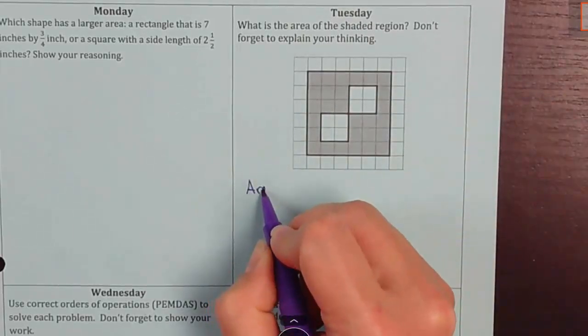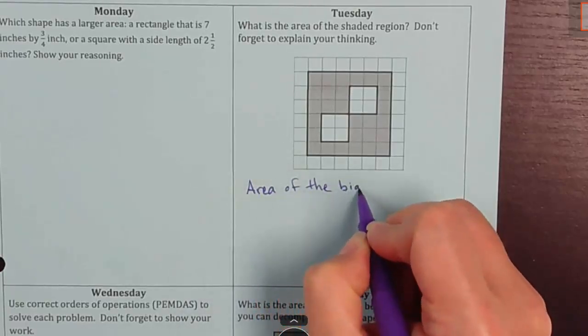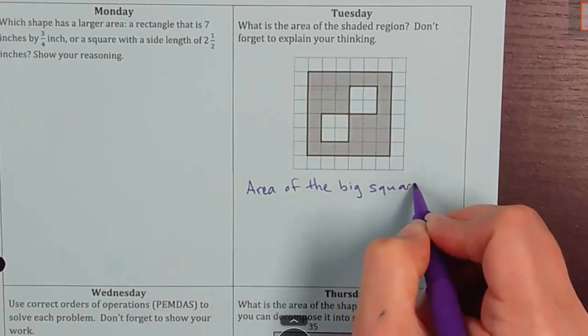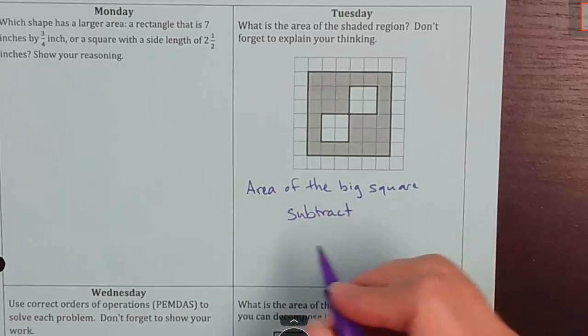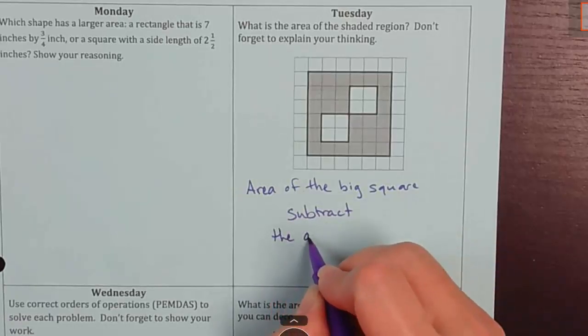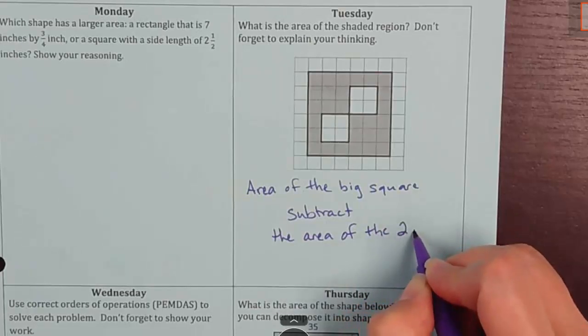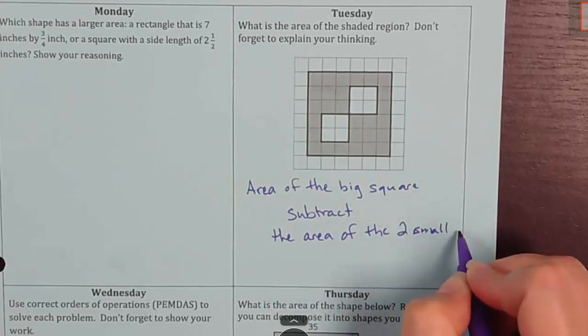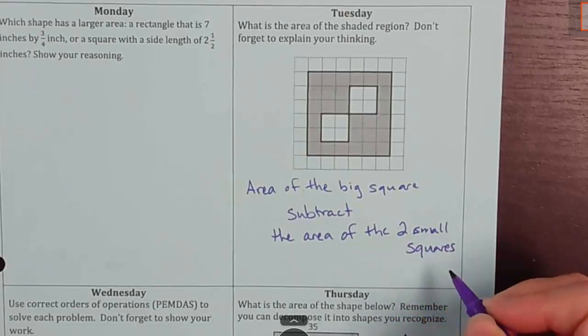So you're going to find the area of the big square. And then you are going to subtract the area of the two small squares. That will give you your answer.